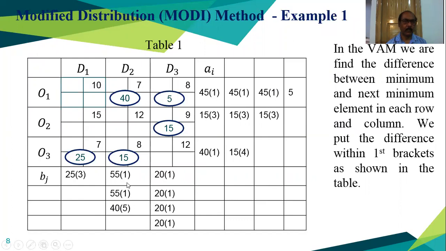Here in this column we can allocate. And where is the least cost? 7 is our least cost. So we can allocate how much? 55 and here is the 45. So we can allocate how much?